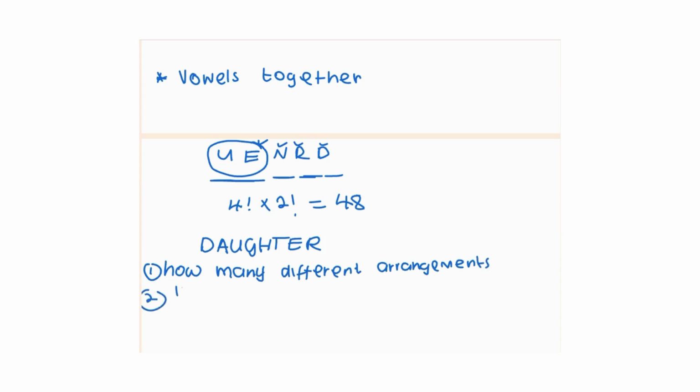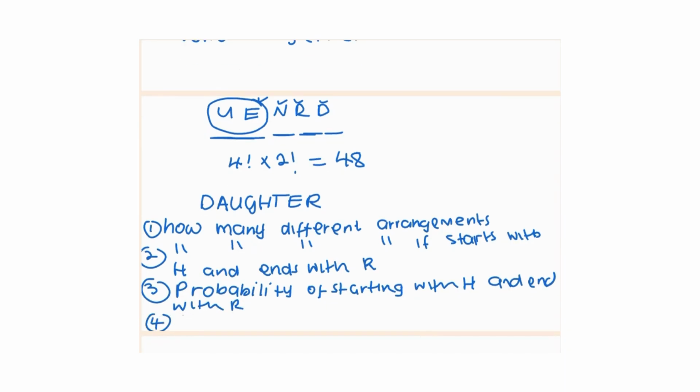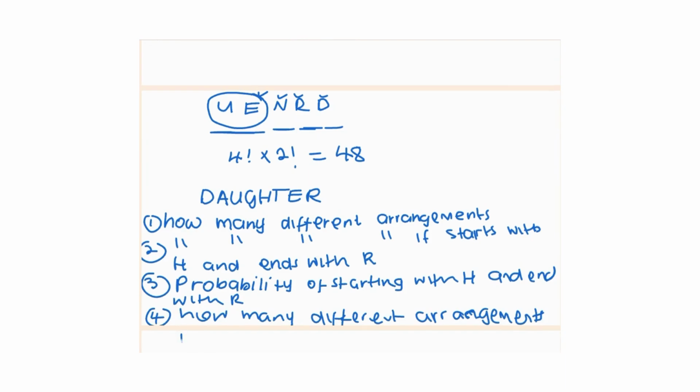Number 2, how many different arrangements if it starts with H and ends with R. Three, probability of starting with H and ending with R. Four, how many different arrangements if the vowels are together.